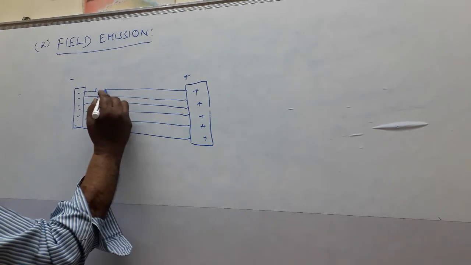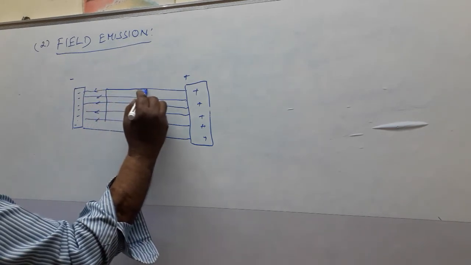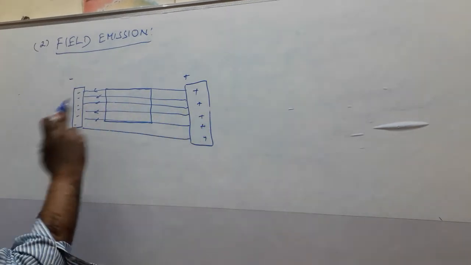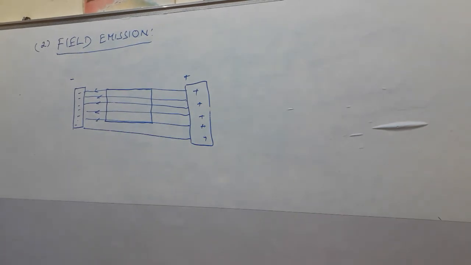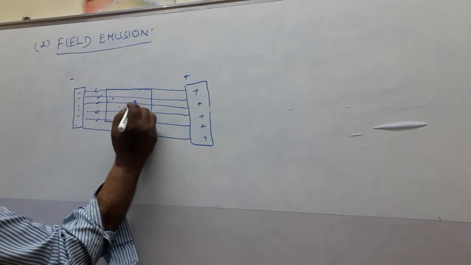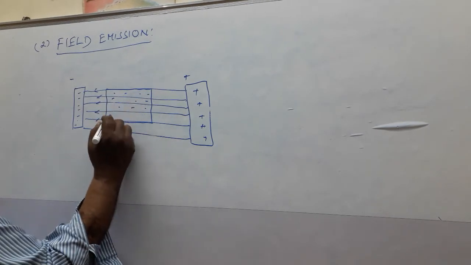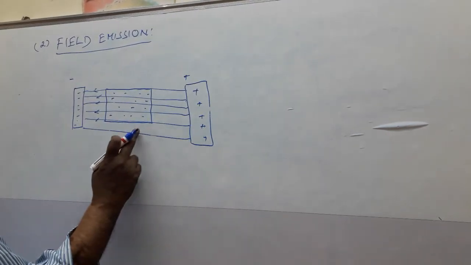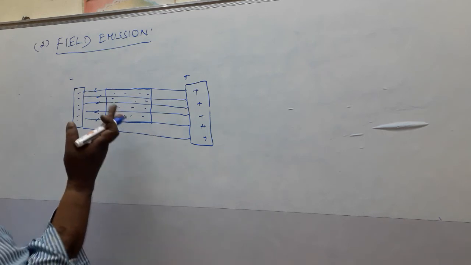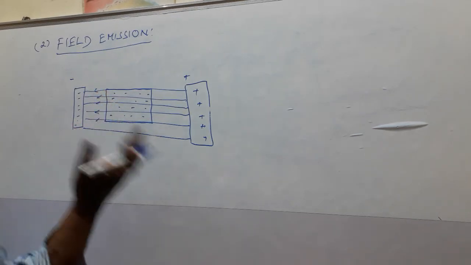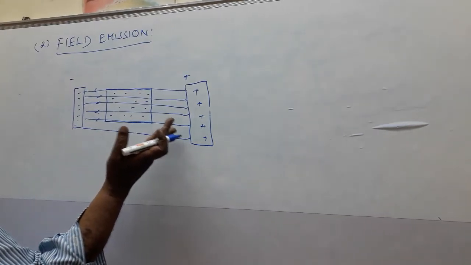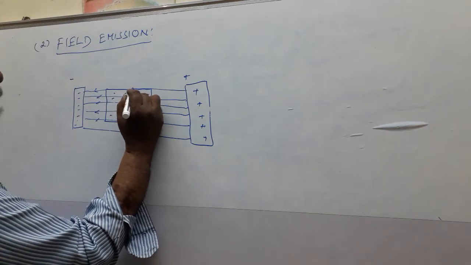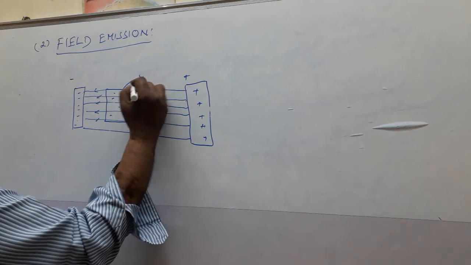Now, if you place a metal in between the two plates, what will happen? The free electrons inside the metal get sufficient energy in the presence of the electric field, so that they break the surface energy and come out of the metal.